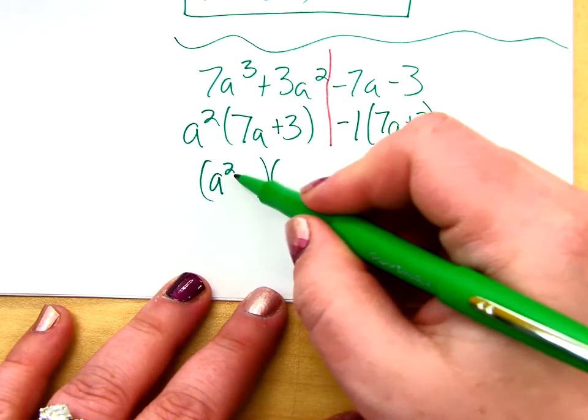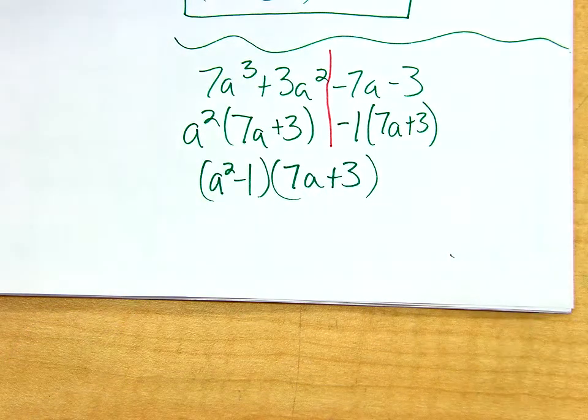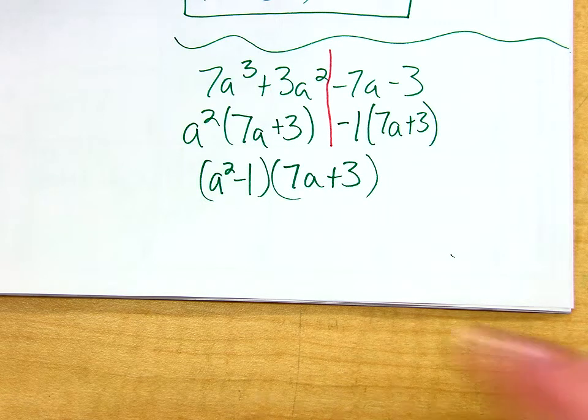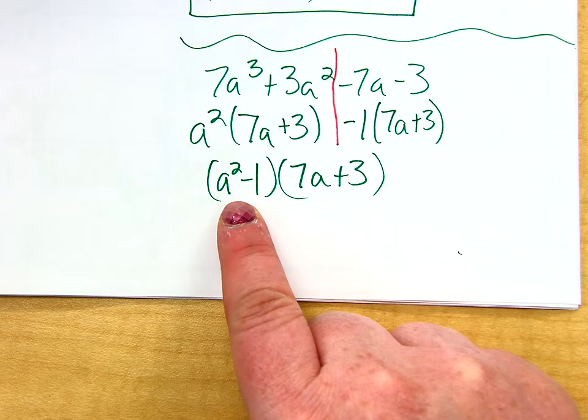So now what are my factors? a squared minus 1 and 7a plus 3. Am I done? You're not done. That's the difference of two perfect squares. You have to split it again.